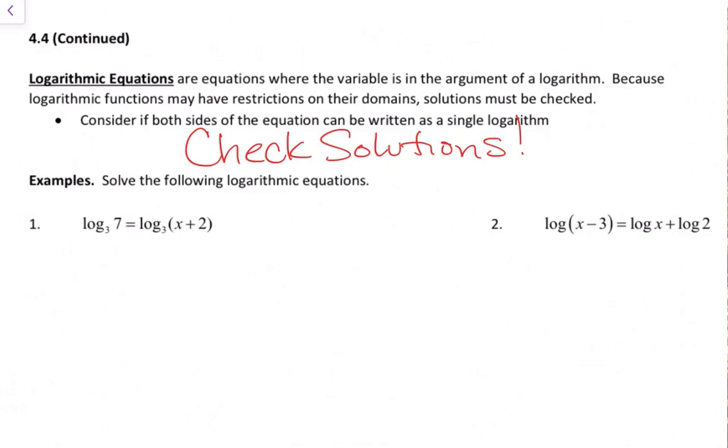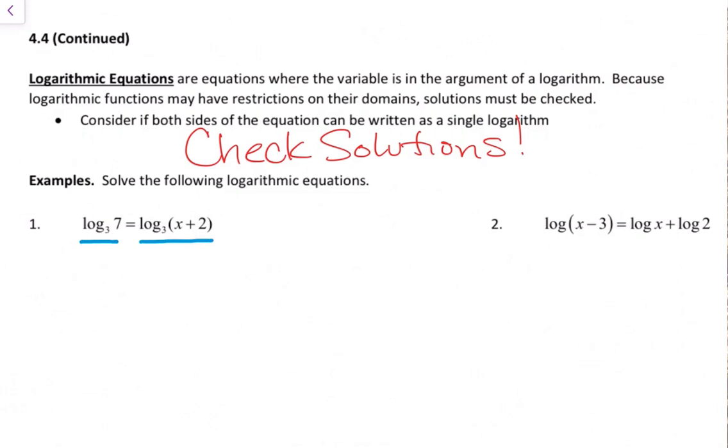So in number 1 here, I already have that set. So notice that I have a single log base 3 of 7 on the left and a single log base 3 of x plus 2 on the right. So there are no other variables except for the one that's in the argument. There are no other constants except for the ones that are in the argument.